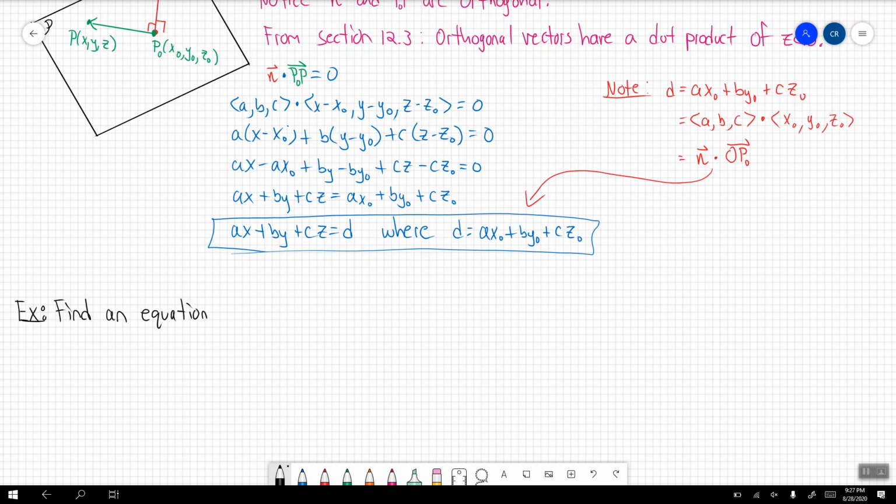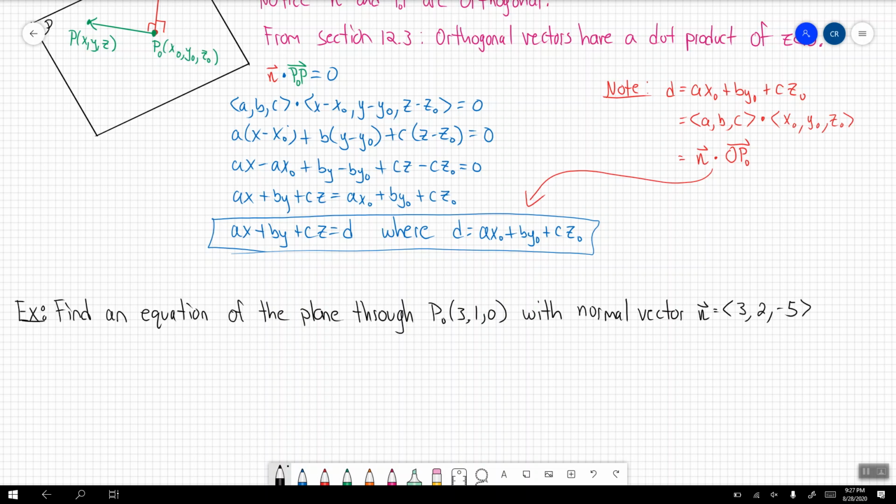Now, what I'm writing on screen right now is an example that says, find an equation of the plane through the point P naught, which is 3, 1, 0, with normal vector, we're going to call this n, which is given by 3, 2, -5.